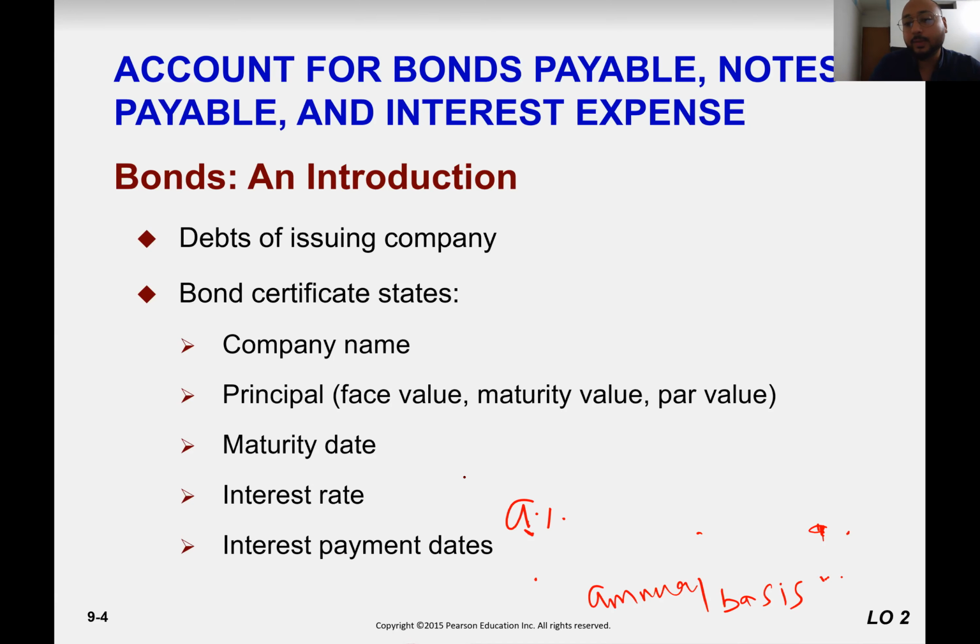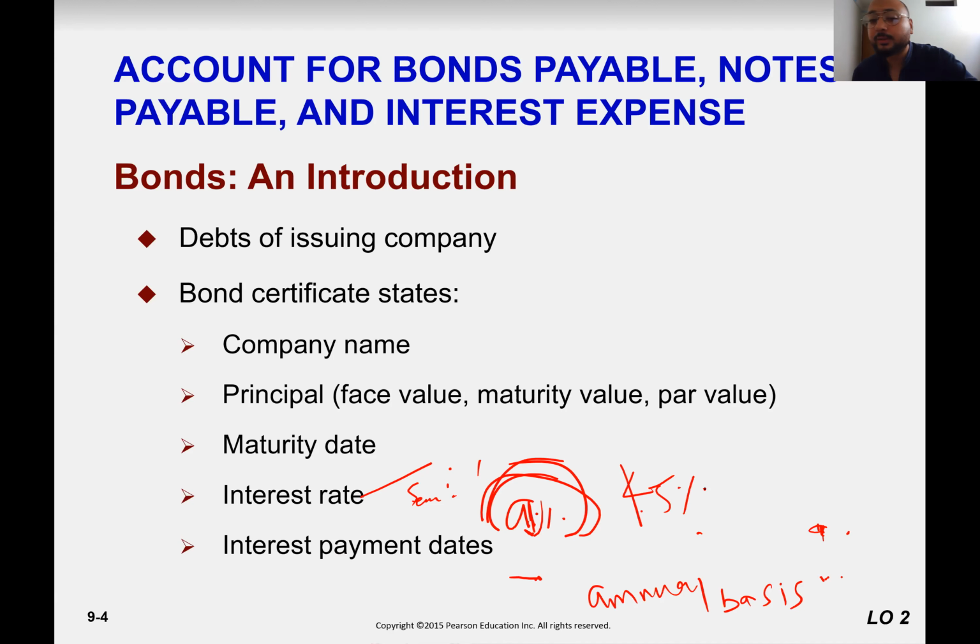If the payment is semi-annual, it means this 9% is annual but will be paid in 2 installments: 4.5% every 6 months. If quarterly, you divide it by 4, and after every 3 months you will be getting those.